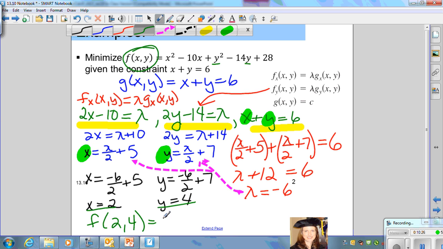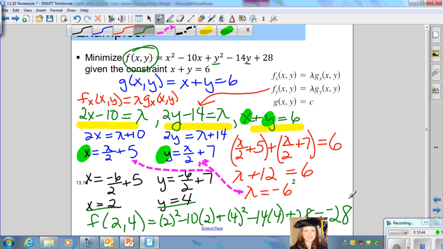You're plugging in 2 for x. It's going to be 2 squared minus 10 times 2 plus y squared when y is 4, 4 squared minus 14 times 4 plus 28. And then that will all simplify to negative 28. So that's going to be the minimum of that function with the given constraint.